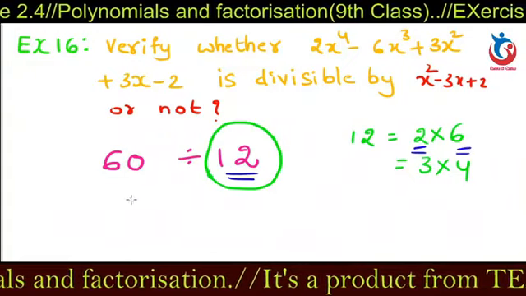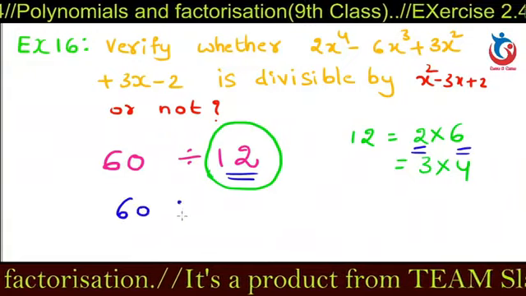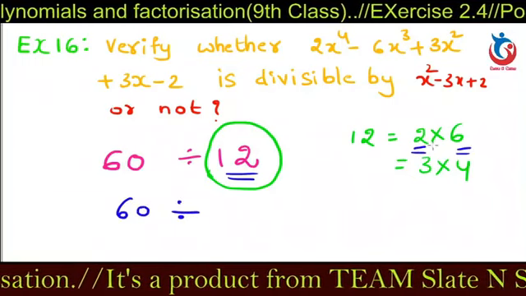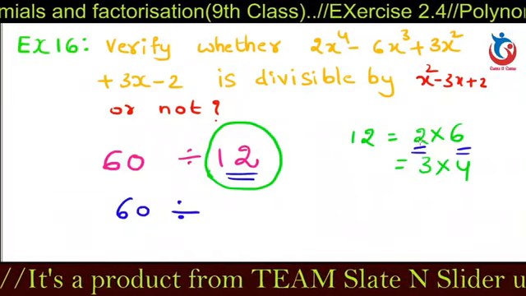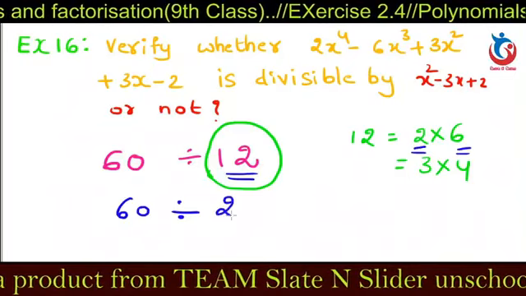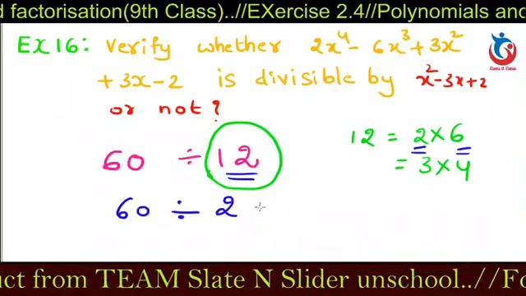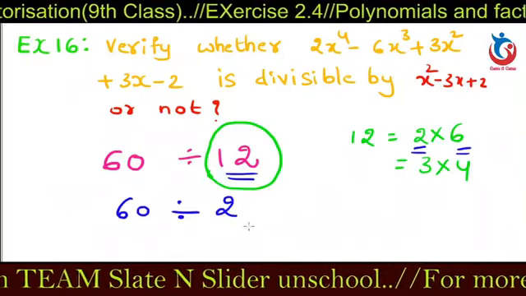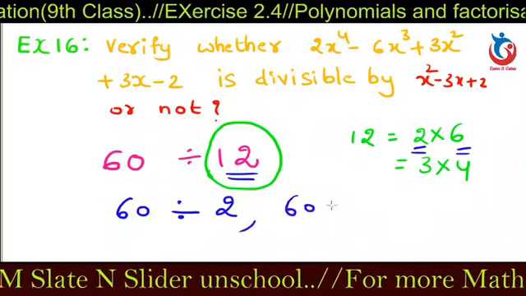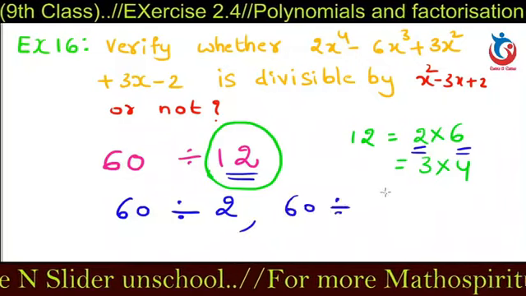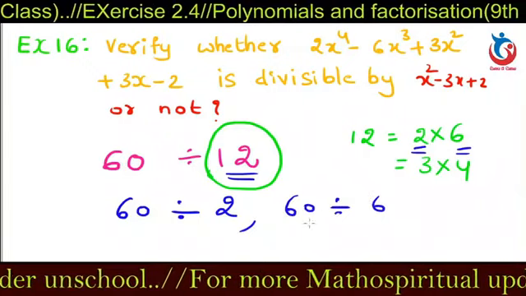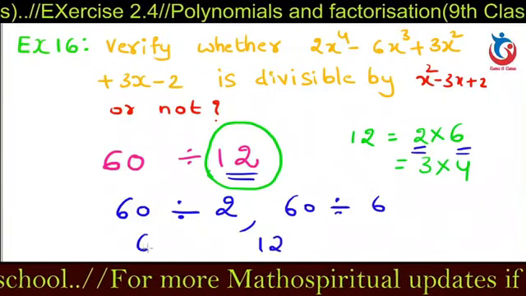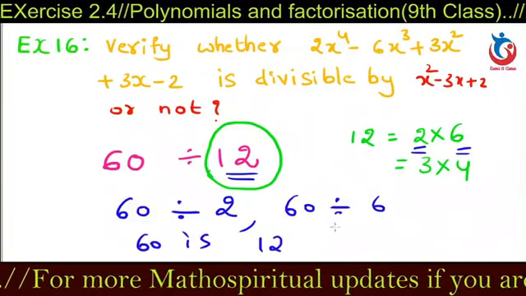First I want to check, one of the factors of 12 is 2, so I will check whether 60 is divisible by 2. Yes, it is divisible. And again I will check whether 60 is divisible by 6. Yes. So 60 is divisible by 12.